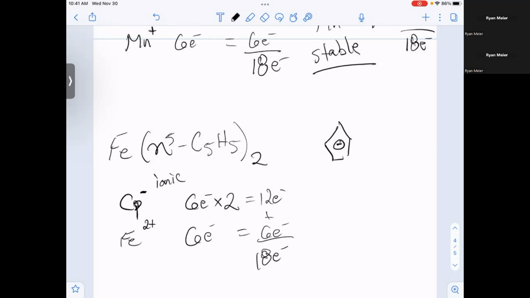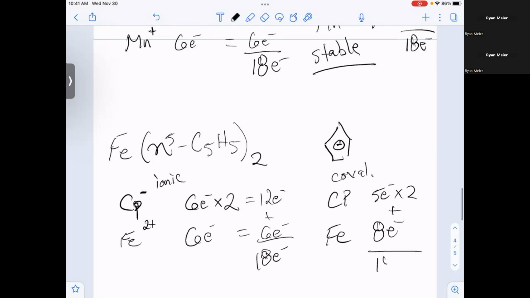If I did the other method, the covalent or neutral version, it treats Cp as a neutral ligand. So it'd be 5 electrons each, and I have 2 of them, but now the iron is just iron 0, which instead of 6 electrons has 8 electrons. So 10 plus 8 is still 18. It doesn't matter which variety we choose. We should still get to the same total.